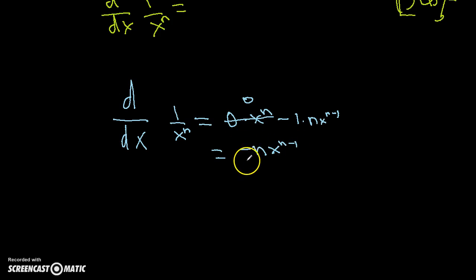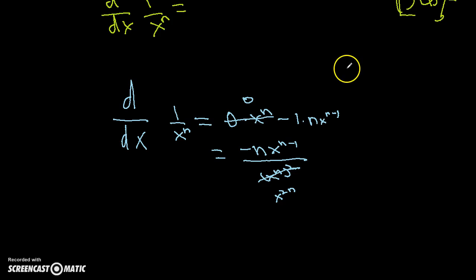And then remember for this we need to divide by g of x squared. That's just going to be dividing by x to the n squared, or just x to the 2n.